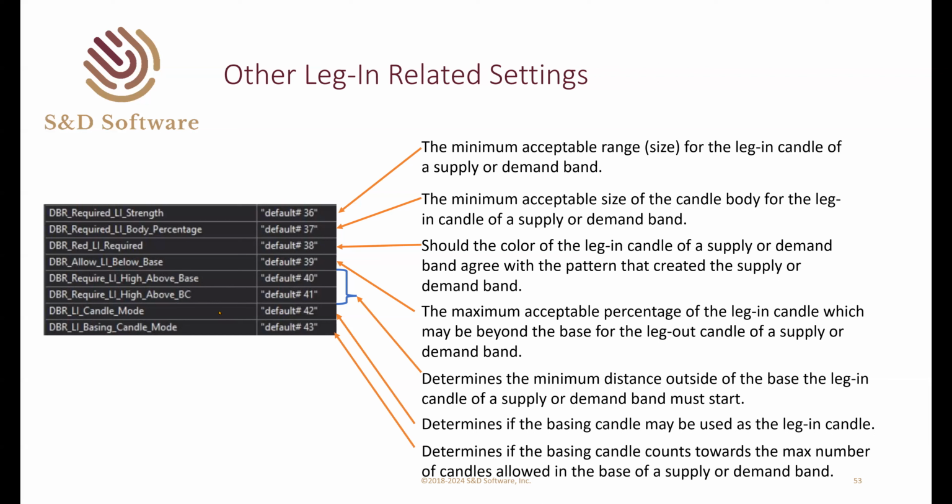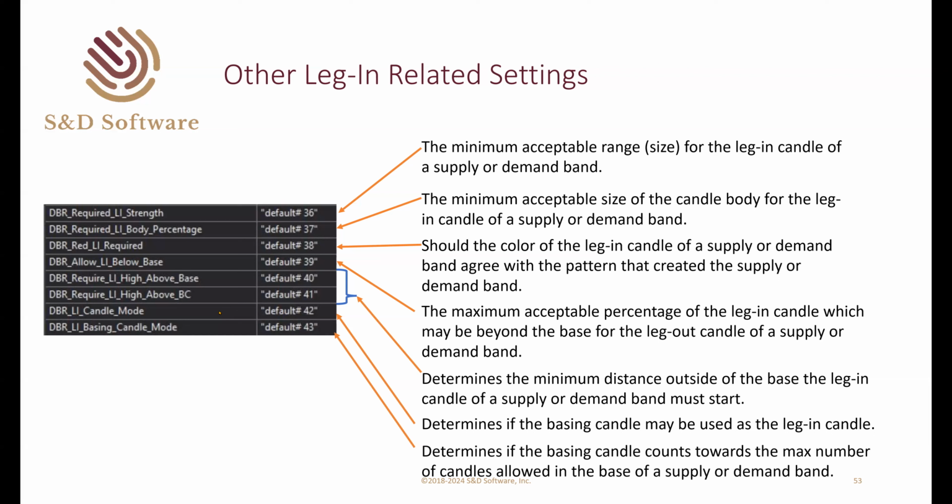Now, the next setting, the leg in candle mode, determines whether or not the basing candle can be used as a leg in. You can tell the tool that the leg in must always be the candle in front of the basing candle, which starts the base.